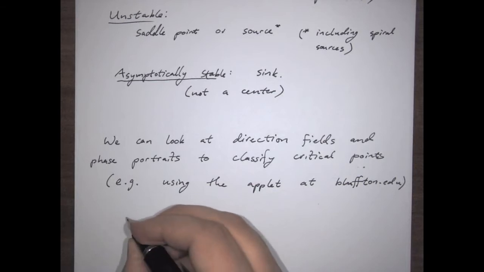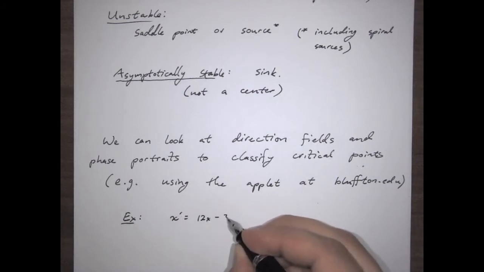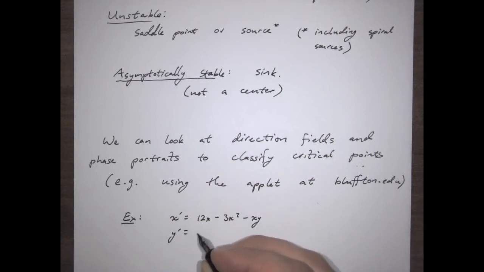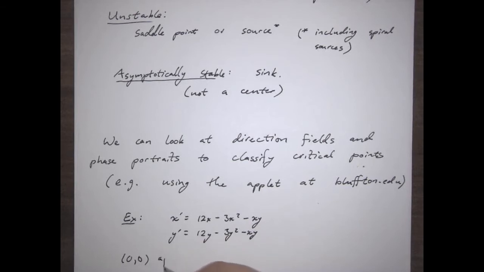So then we can tell for our example, which was again x prime equals 12x minus 3x squared minus xy, and y prime is equal to 12y minus 3y squared minus xy, we can tell visually that (0, 0) appears to be a proper nodal source.